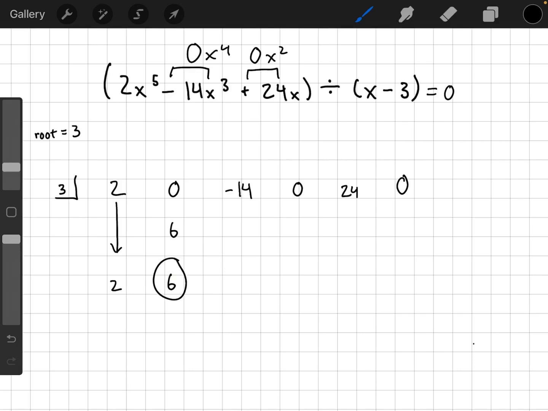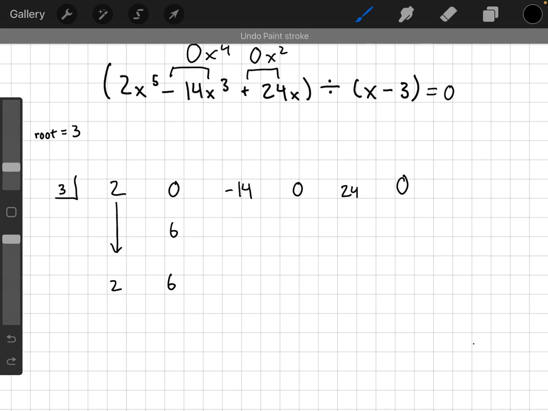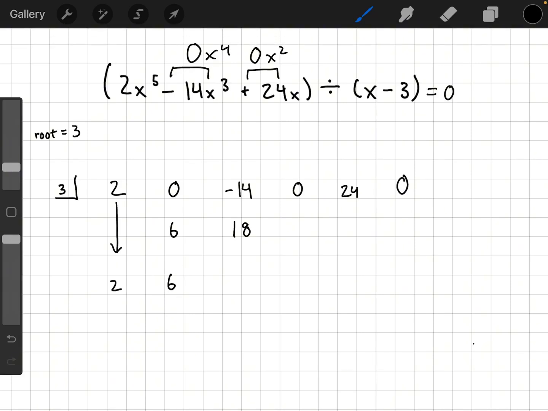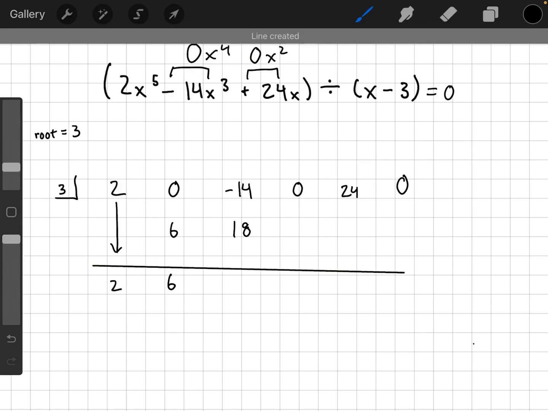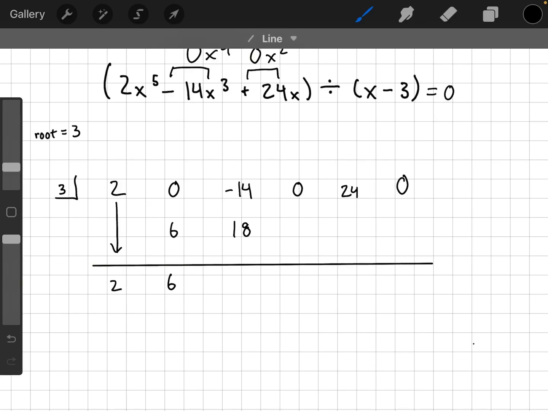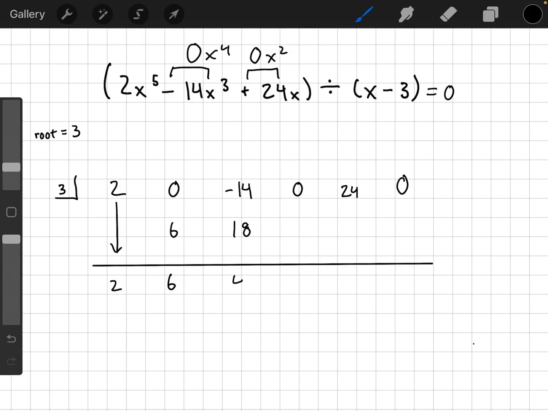Then we'll take this term and multiply it by the root. 6 times 3 is 18. Let's draw a line here. 18 plus negative 14 is 4.